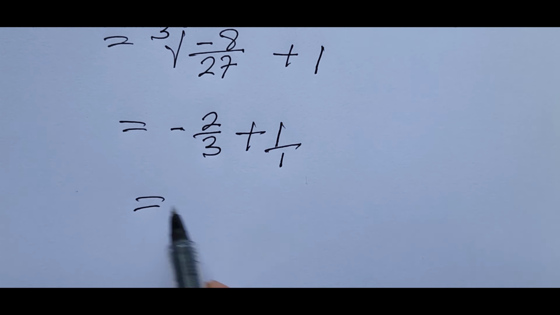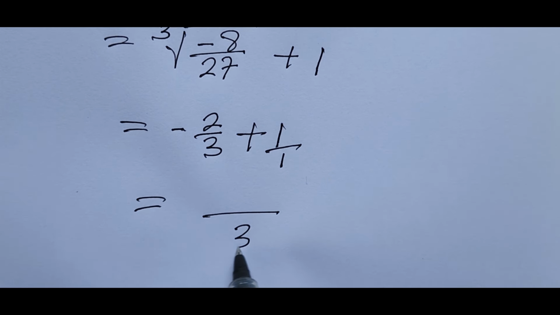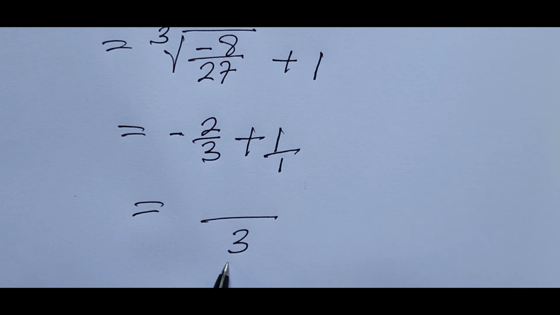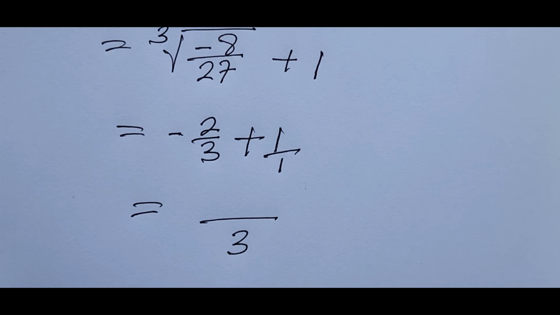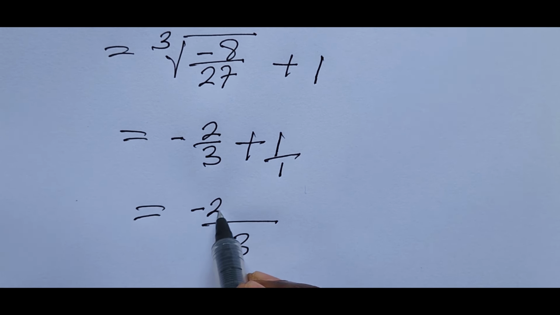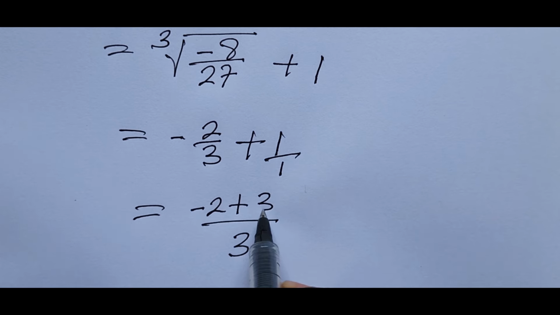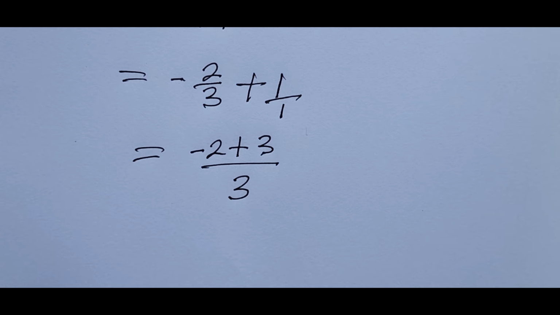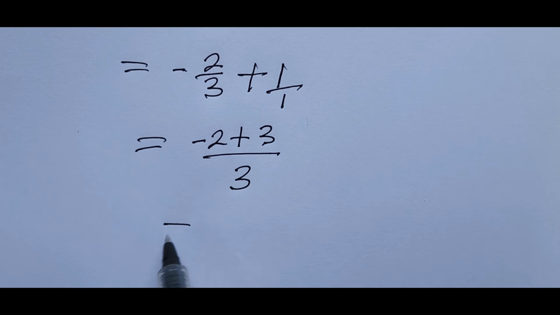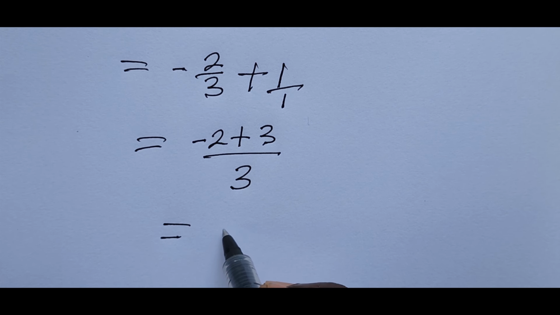If we find the LCM of everything, this is going to give us 3. Then 3 to 3 gives us 1, 1 times minus 2 gives minus 2, plus 1 into 3 gives 3. So we now have minus 2 plus 3, and minus 2 plus 3 gives us plus 1 over 3.